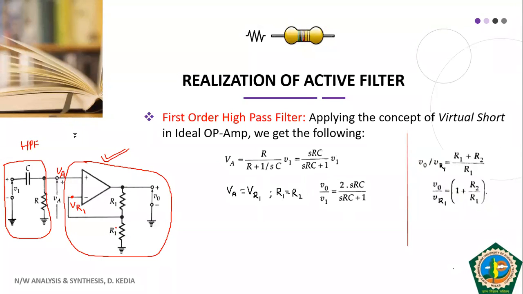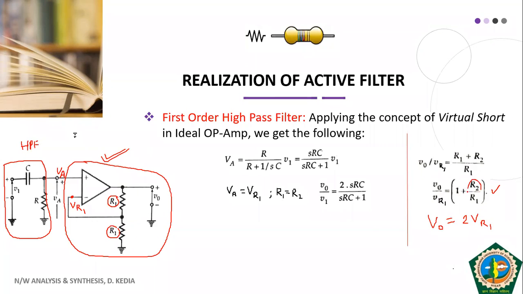Here you can see that we have already taken R1 and R2 the same. If R1 and R2 were different, we would get this expression for V naught by VR1, equal to 1 by R2 plus R1. And when we take R1 and R2 the same, both equal to R1, we get V naught equal to 2 VR1.